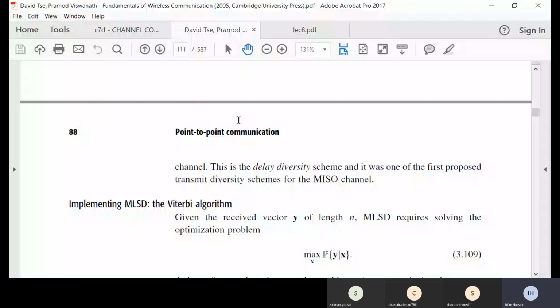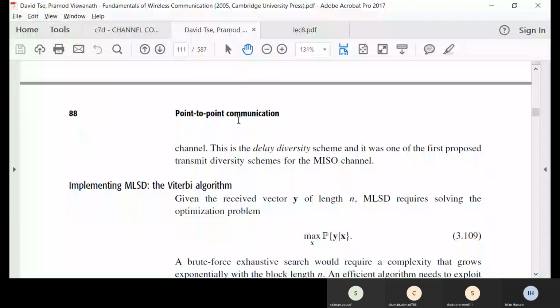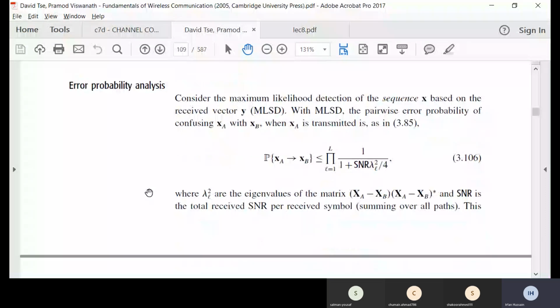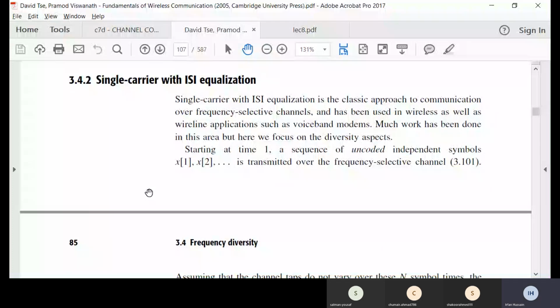Now, remember here, how can I implement it by maximum likelihood sequence detector? If you notice, up till this time, or let us say before rake receiver, we were actually considering a single symbol being transferred.